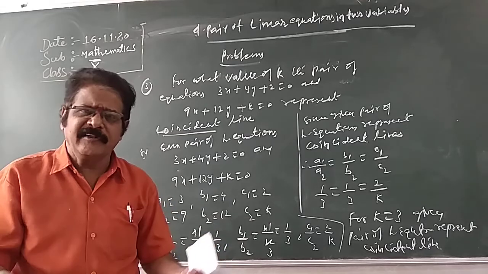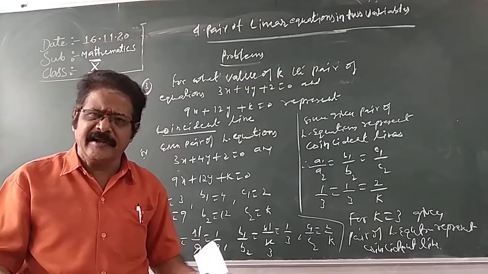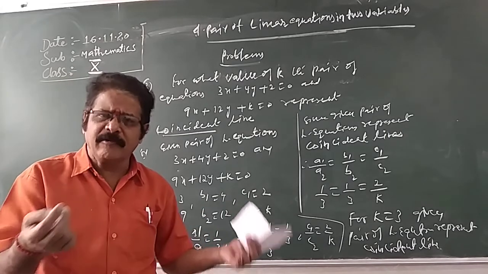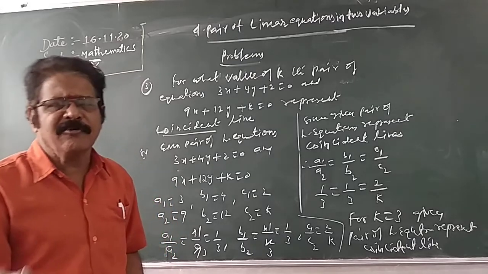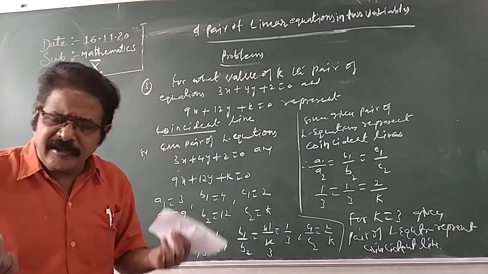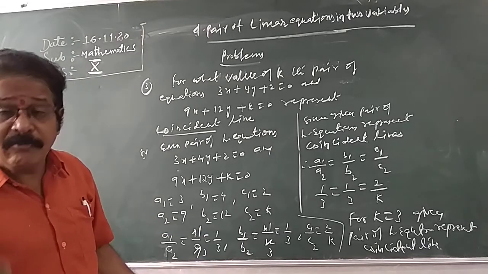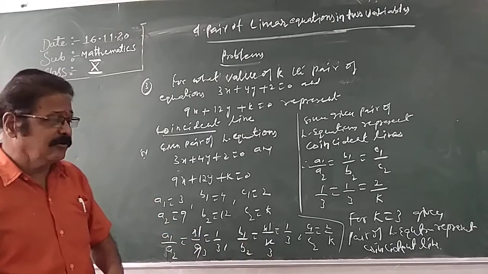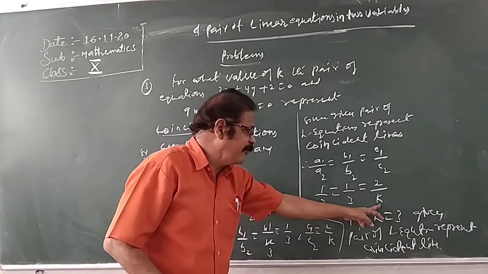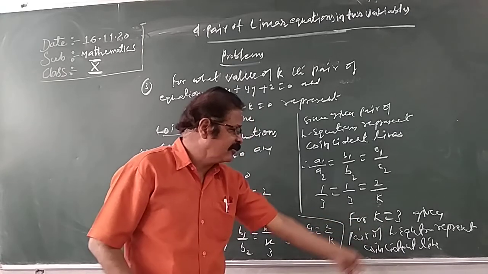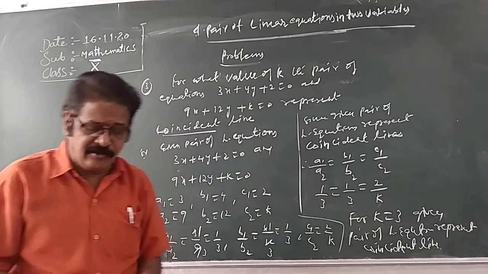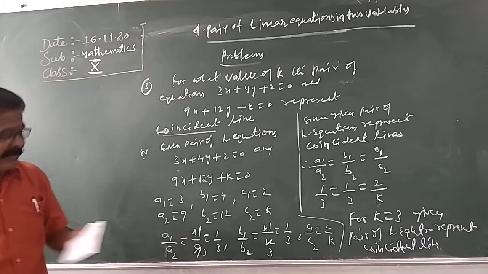When the given pair of linear equations represent parallel lines, the condition is A1 by A2 equal to B1 by B2 is not equal to C1 by C2. When the pair of given linear equations represent coincident lines, the condition is A1 by A2 equal to B1 by B2 equal to C1 by C2. So instead of k, what is the denominator? K here. So for k equal to the required value, the given pair of linear equations represent coincident lines.